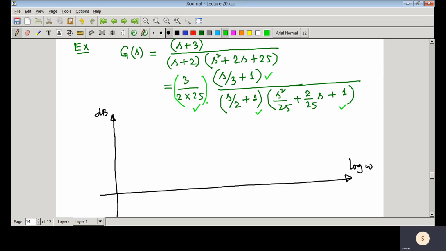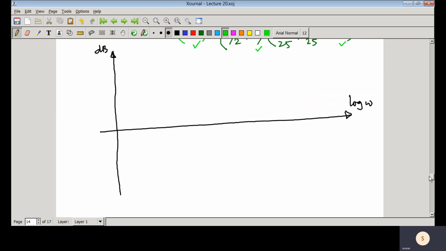First we take 3 by 50. There would be a constant term, suppose this is the constant term here, and that would be 20 log 3 by 50.